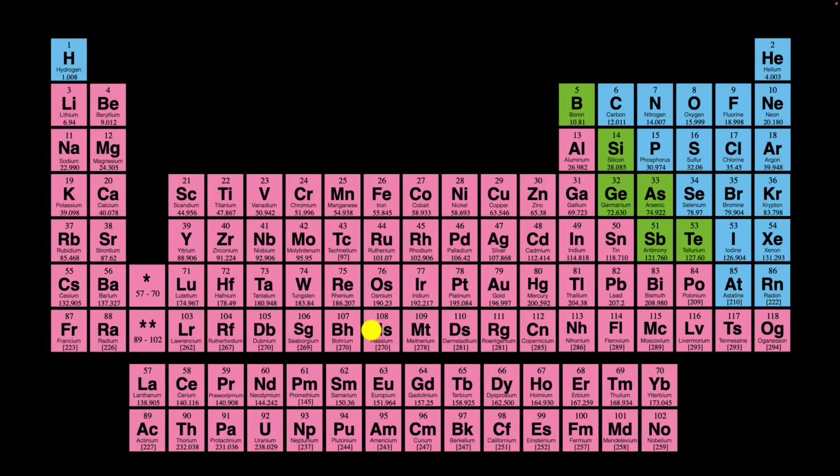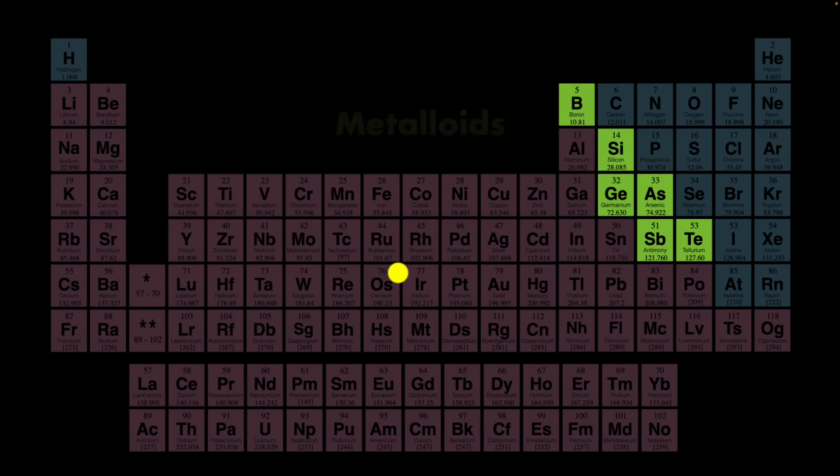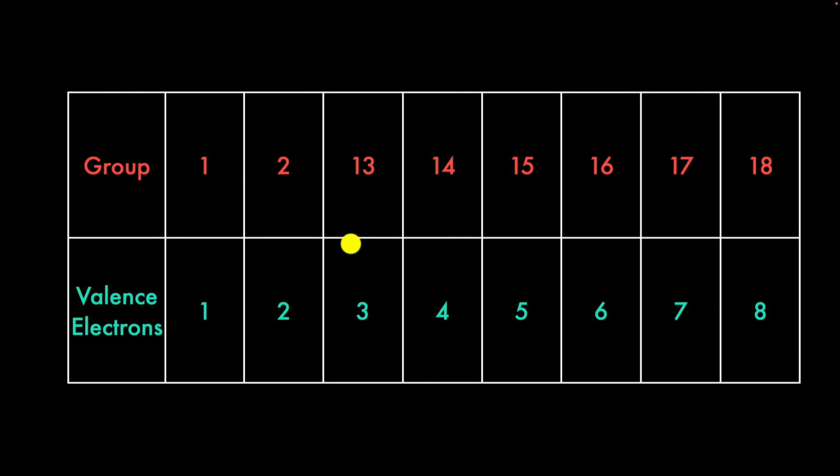So putting it all together, the periodic table is a model that organizes elements by atomic numbers in a way that reveals the patterns in its physical and chemical properties. An element's position on the table gives us clues about its behavior, including whether it's a metal or a non-metal or a metalloid. Elements in the same group tend to behave similarly because they have the same number of valence electrons.